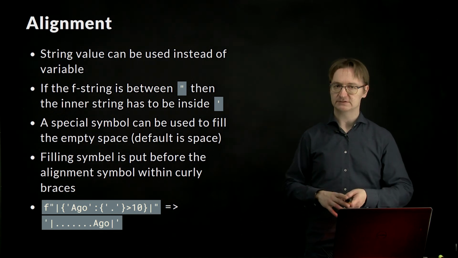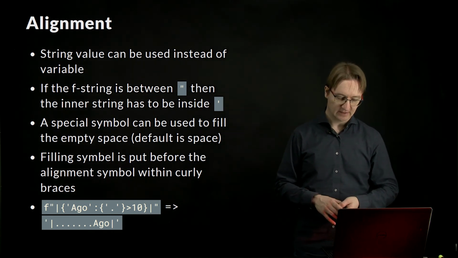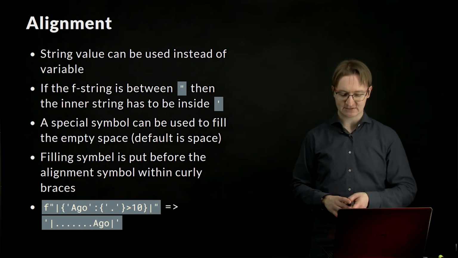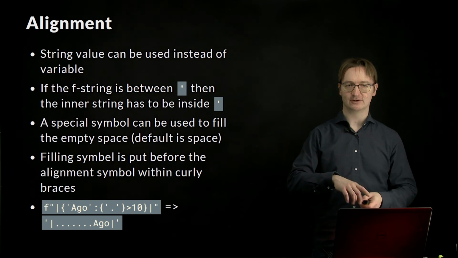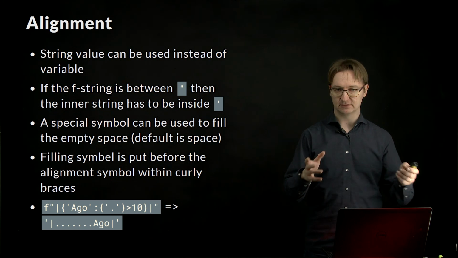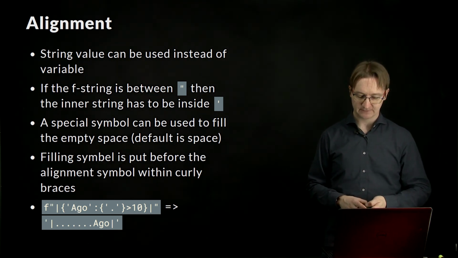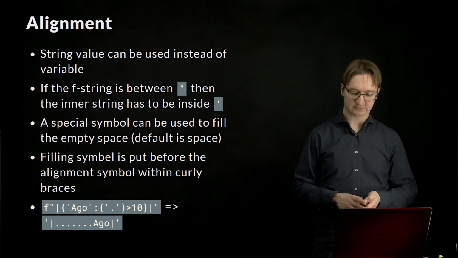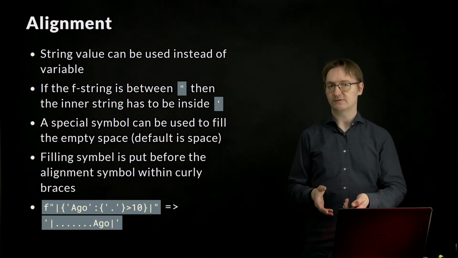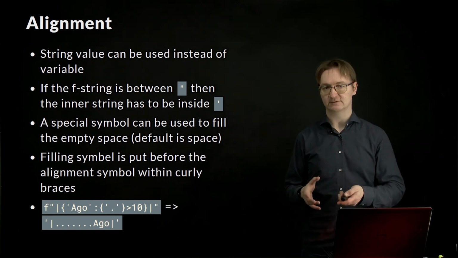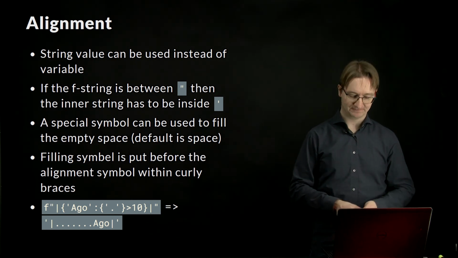Now the colon comes. This indicates that we are starting formatting. And after the colon, the dot, which is used for filling up the spaces, is also inside the curly braces. And then the alignment symbol comes, and then the length of the space is written. So basically you can have something like that to fill in the spaces with dots. And instead of Ago you can use a variable here, and also instead of the dot you can use a variable there.